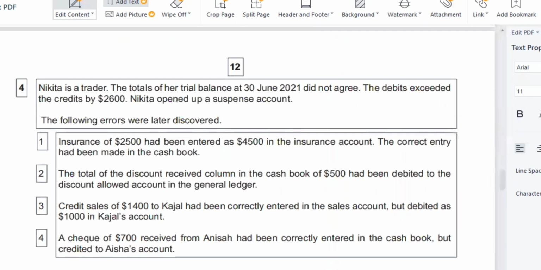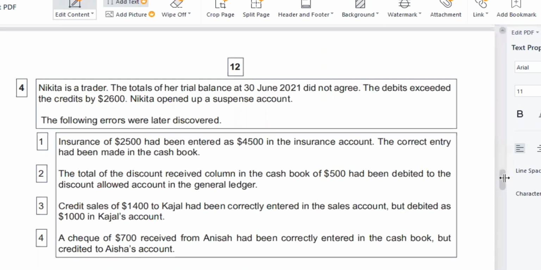Okay, error 4 is a check of 700 received from Anisa had been correctly entered in the cash book but credited to Aisha's account. That is an error of commission, where we have recorded in the wrong person's account.